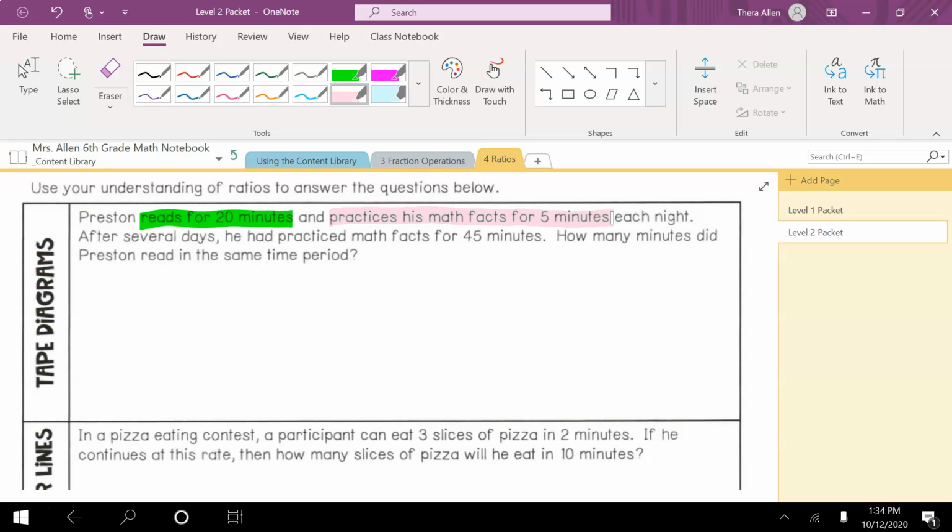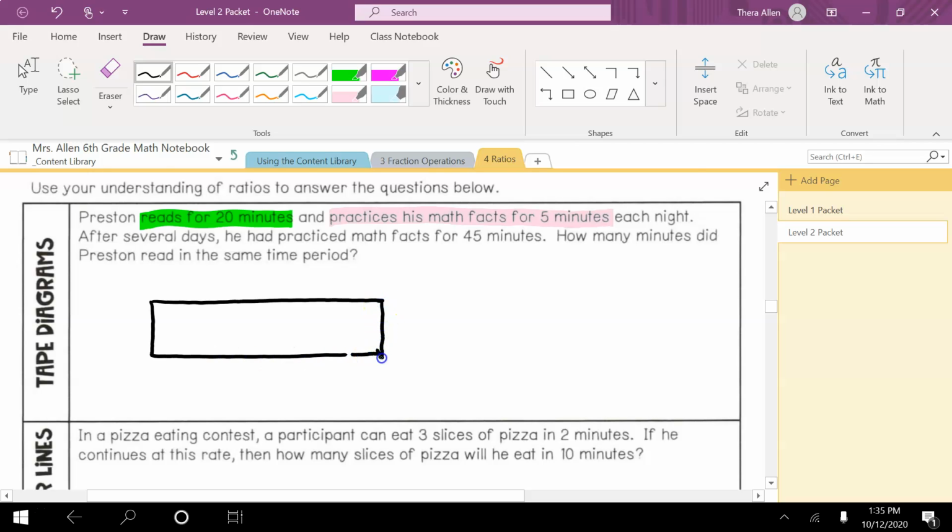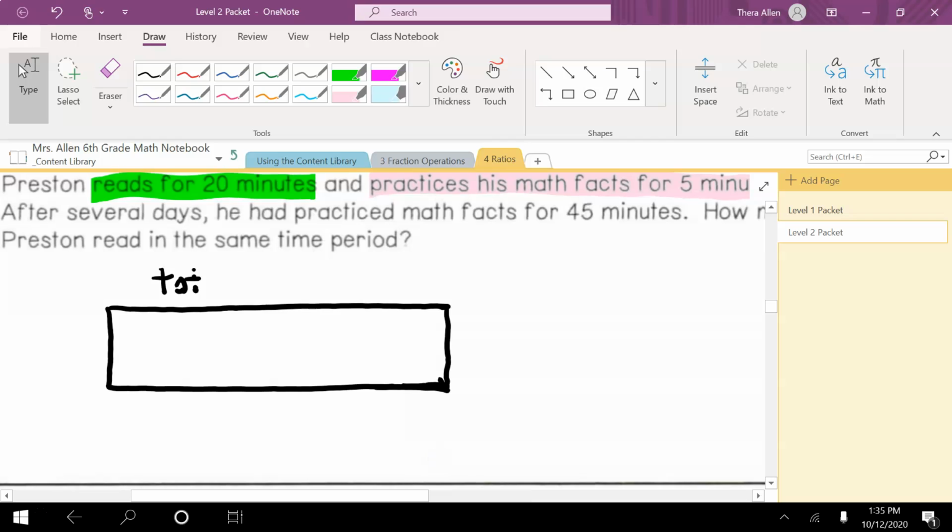A tape diagram is called a tape diagram because when you draw it, it looks like a piece of tape. So we're going to draw out our tape diagram, and this is going to represent the total time spent on homework or practicing work. Okay, that's what we're going to put.